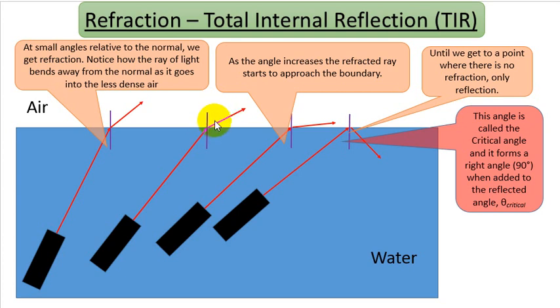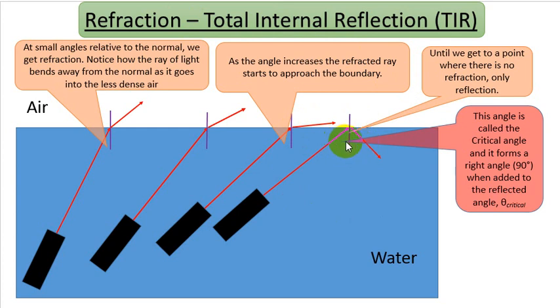So this angle also increases. As the angle increases, the refracted ray starts to approach what? This boundary. Until we get to a point where there is no refraction. After this angle it is not refracted, it is reflected back. So this phenomenon is called total internal reflection.